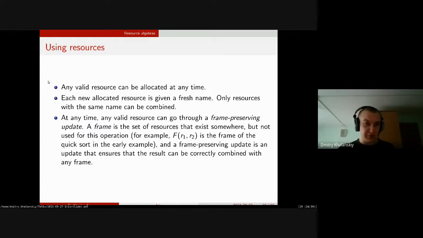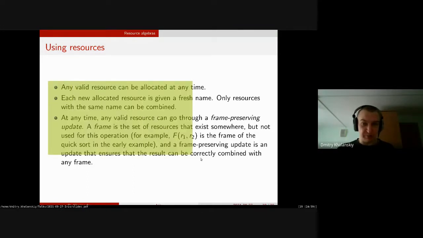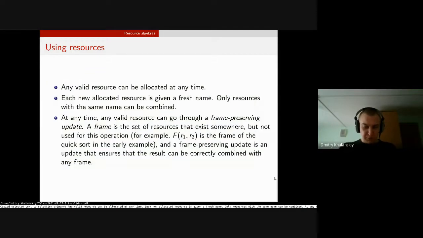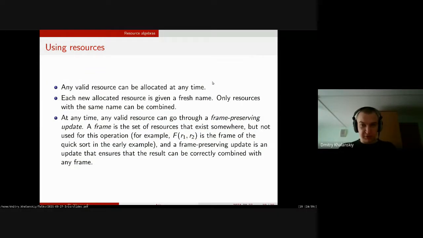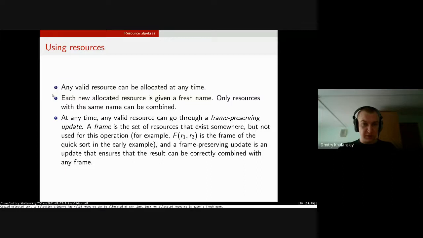Some notes about how the resources are used. At any point of execution of the program, you can choose to allocate any valid resource. When you allocate a resource, it is given a fresh name that is out of your control, and only the resources with the same name can ever be combined.